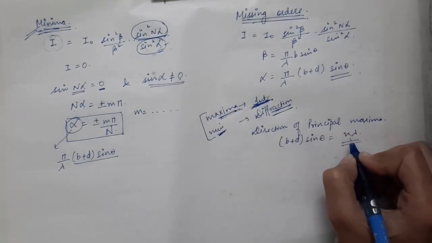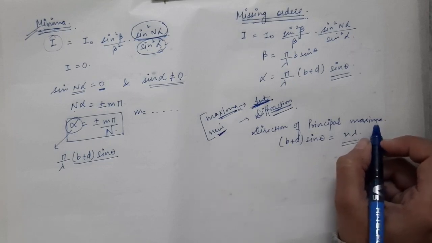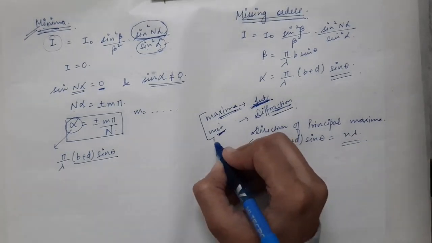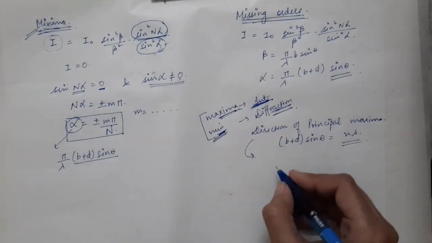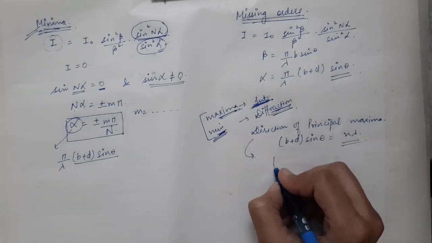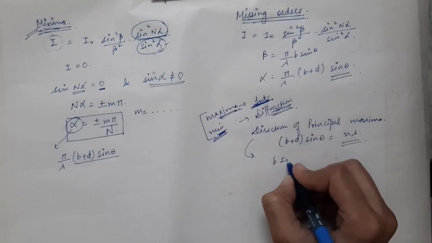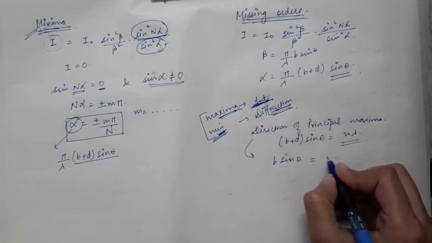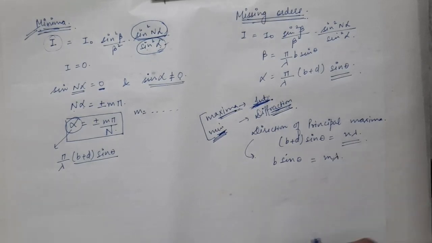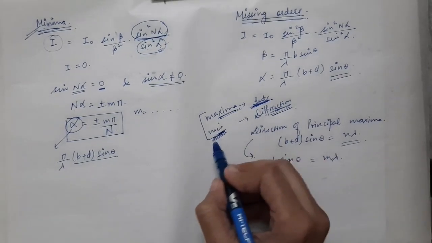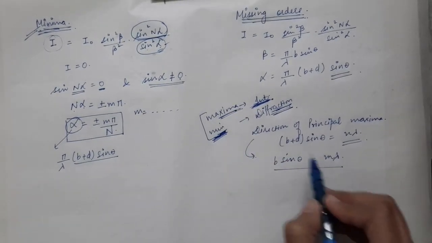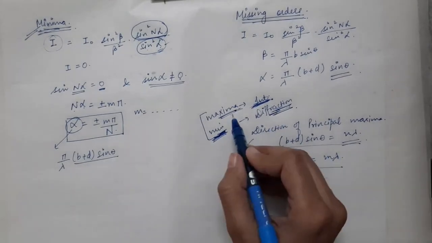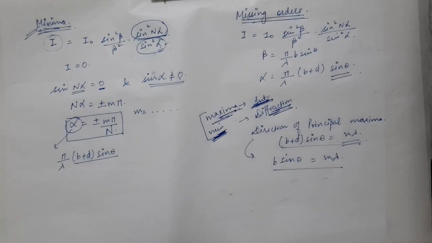So this is the condition of the principal maxima obtained in the case of the interference pattern, and similarly the condition for minima in the case of diffraction: the path difference is equal to b sine theta, and when it is equal to m lambda, only then there is a minima. So this is the condition of obtaining minima in the case of diffraction, and this is the condition of obtaining maxima in the case of interference.